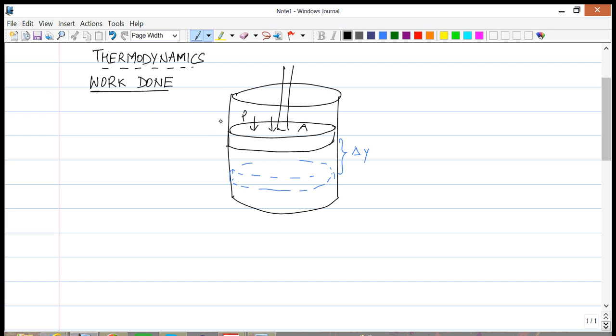If we measure all heights from the bottom here, then the work done is equal to F, we'll use our equation F D cosine theta. Since the pressure is constant, the force will be constant, and the force itself is P times A, and D in this case is delta Y, and we have a cosine of 180.